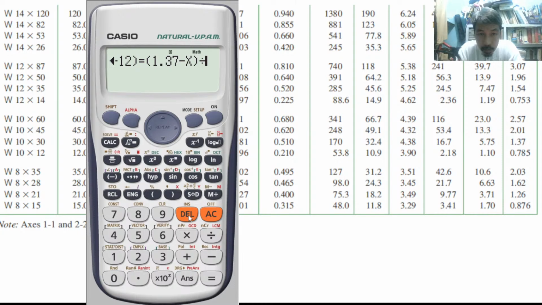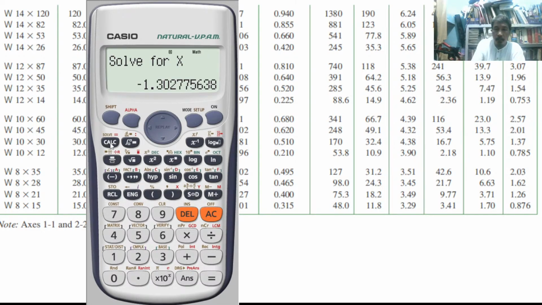And then maximum is 1.37 again, minus 0.785. Okay? So if you have this, then we have to shift solve. Okay? Shift solve.